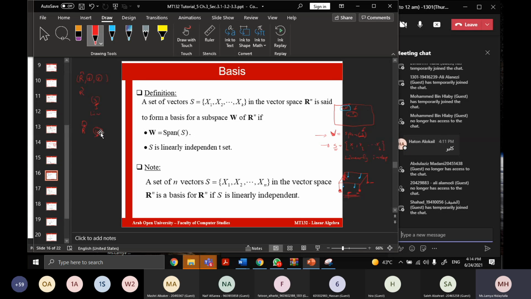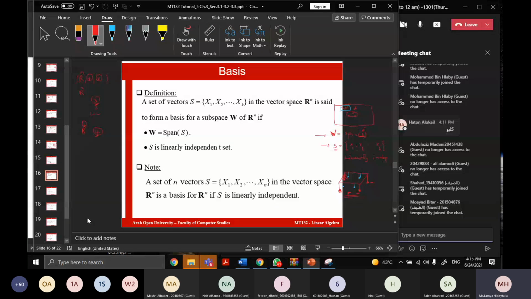Okay? يبقى they will generate R4. Any vector في R4 you can find in terms of these 4 vectors by doing a linear combination. يبقى سهل علي في حالة I'm talking about R3, R4, R5, R6, R7, whatever.